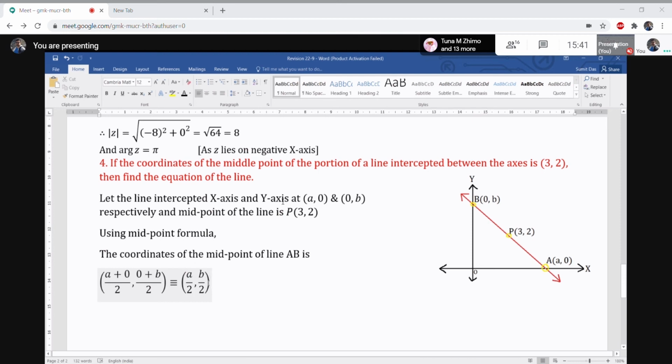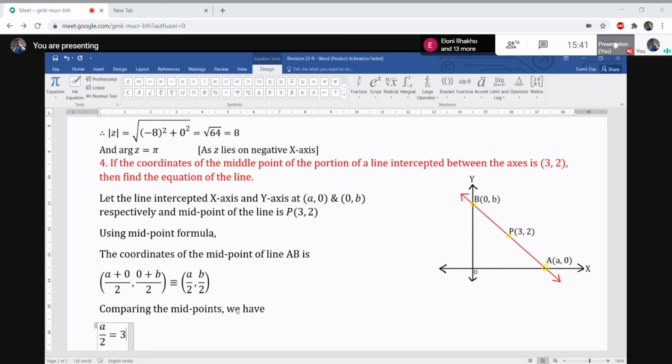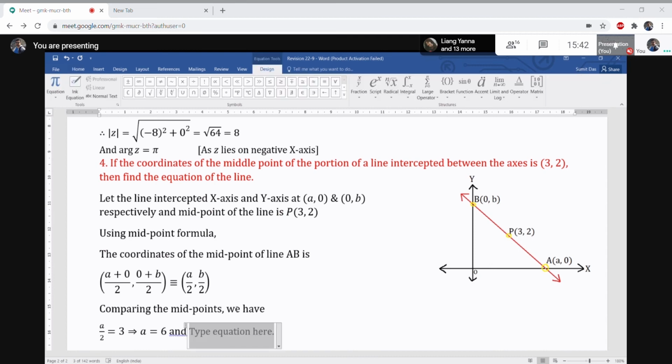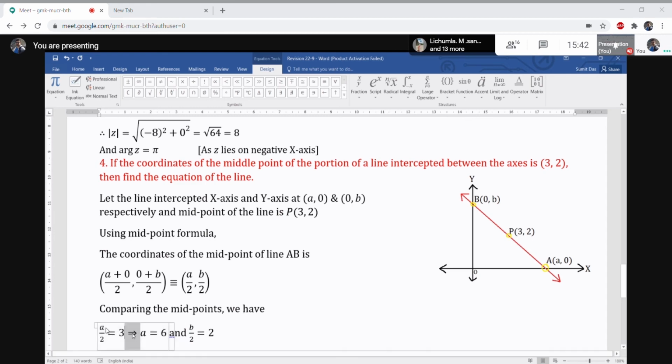That is the midpoint. Now comparing the midpoints, we can write a by 2 equal to 3, which implies a equal to 6, and b by 2 is equal to 2, which implies b equal to 4.